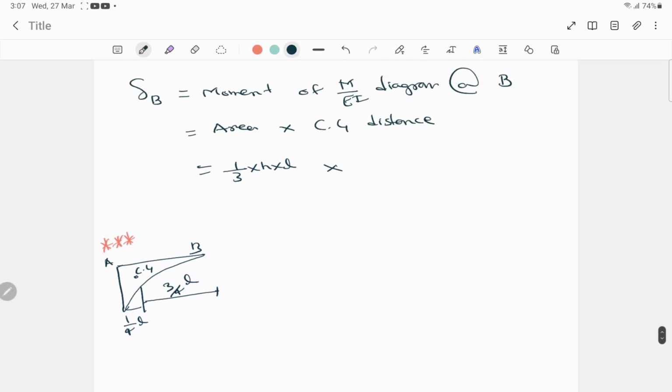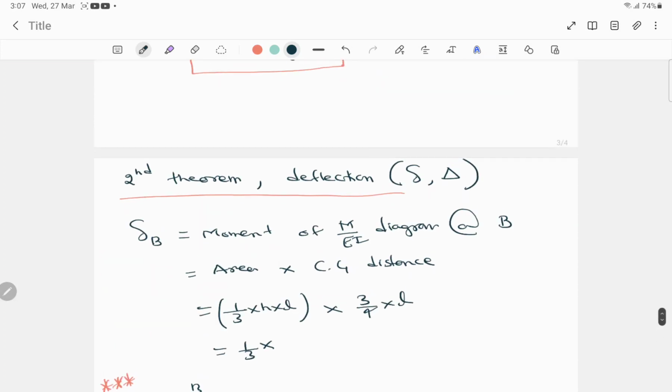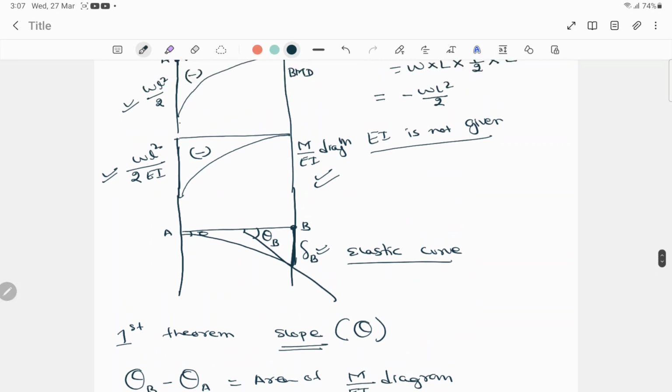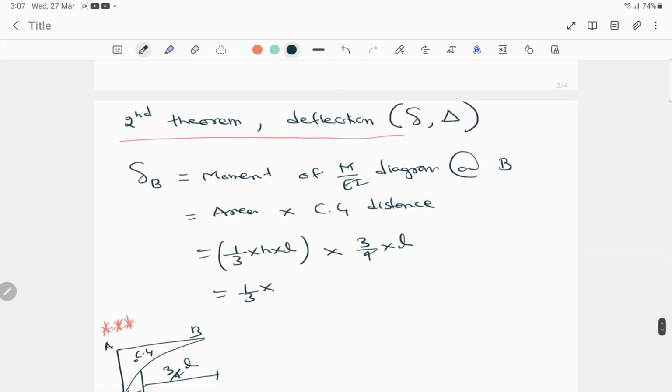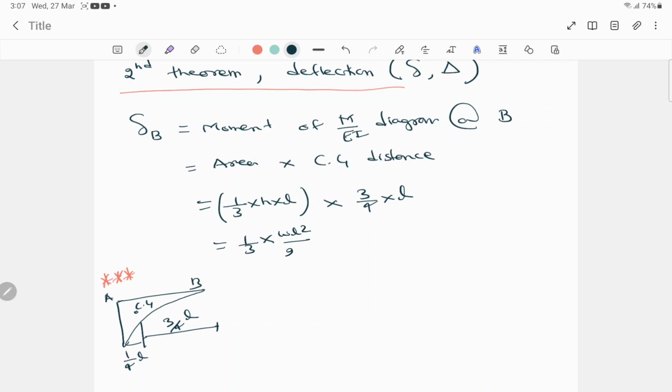Now this is the area, and the CG distance is 3 by 4 of L. So we put here 1 by 3, and h value is WL square by 2EI, into L, into 3 by 4 of L. Now this 3 and this 3 get cancelled, and we simplify the rest. So it will be WL to the power 4 divided by 8EI, and don't forget to put the negative sign here.